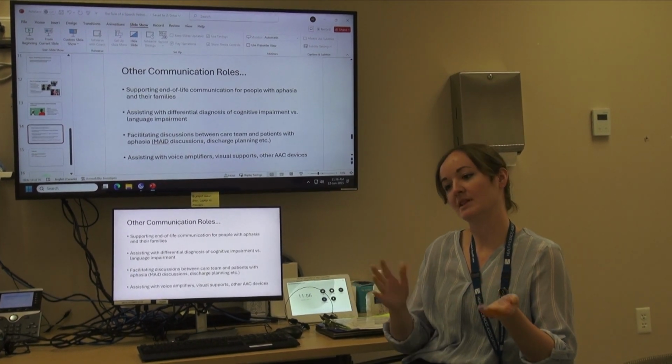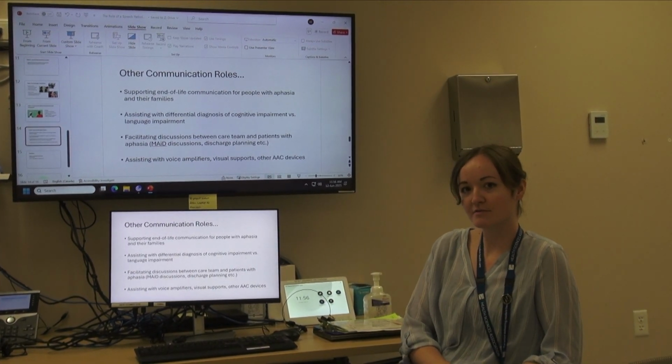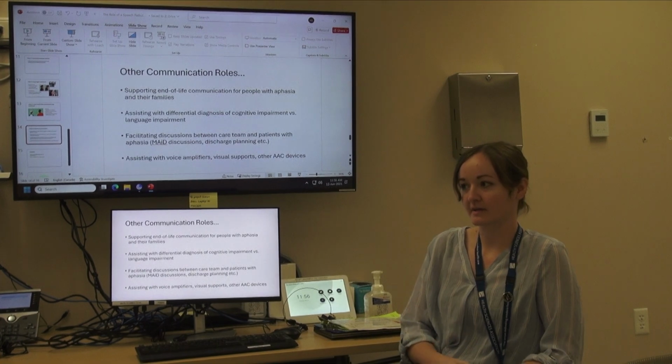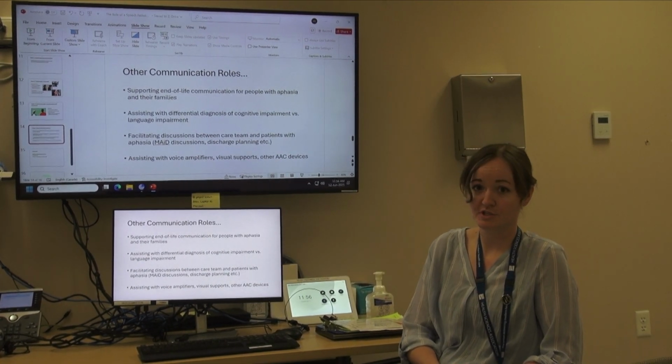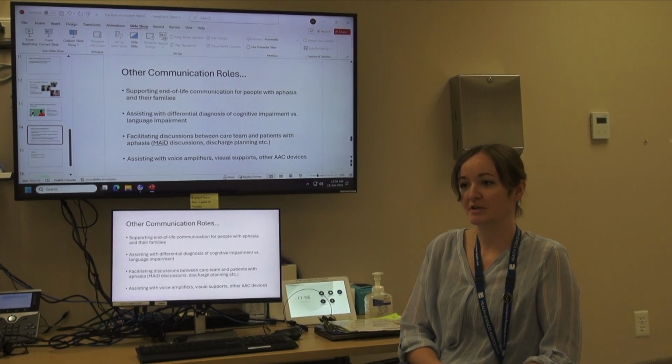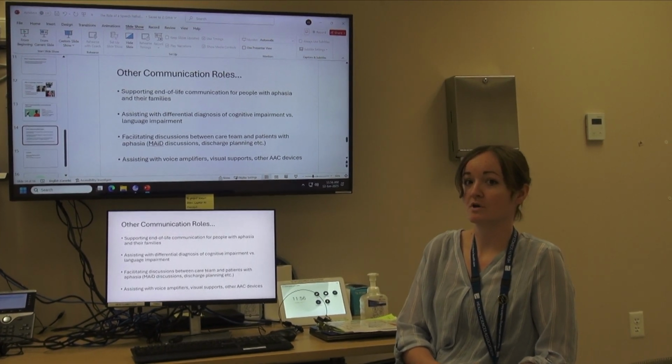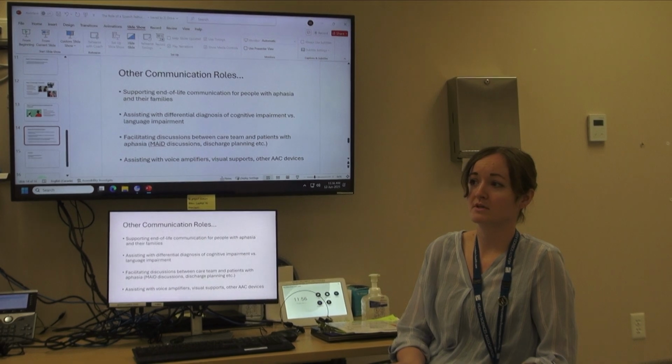This is maybe less relevant to nursing staff, but it's a way that I can collaborate with social work, with physicians, geriatricians in particular, if there are questions about someone's competency, especially with aphasia.